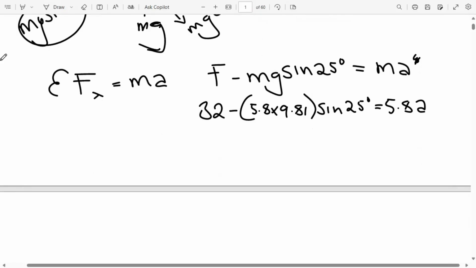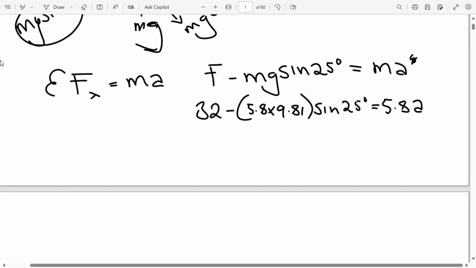We're having 5.8 multiplied by 9.81 sin 25. This is giving me 24.05.